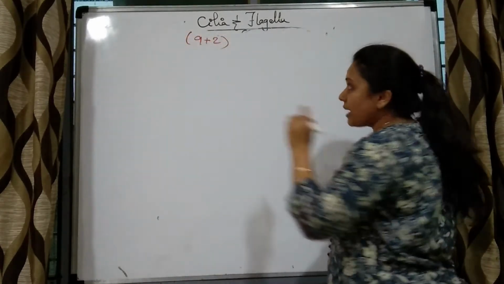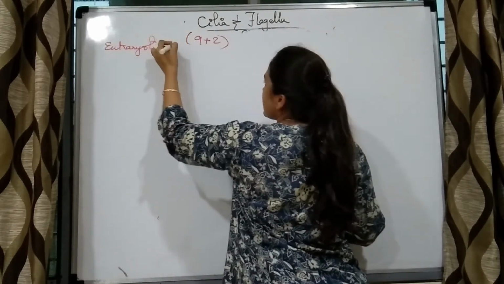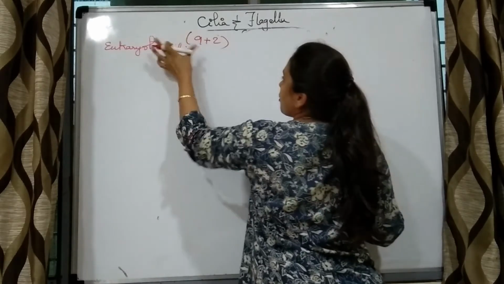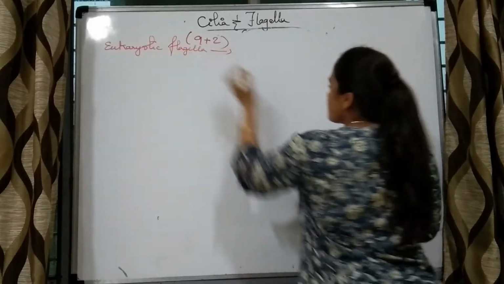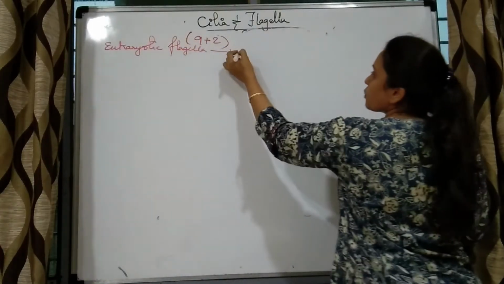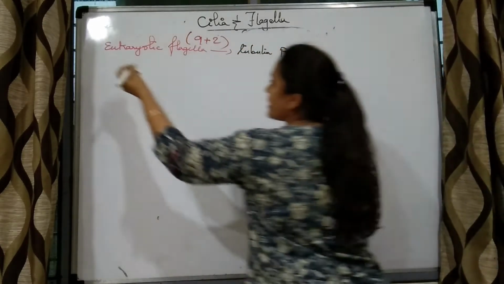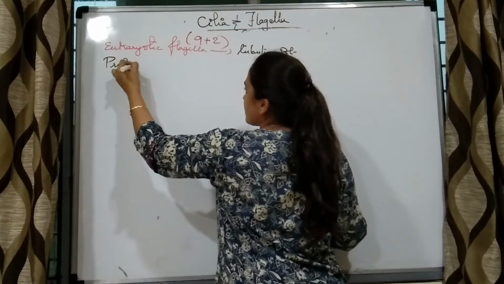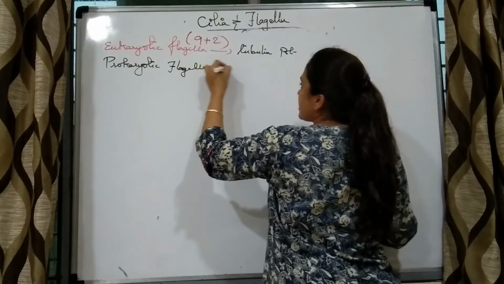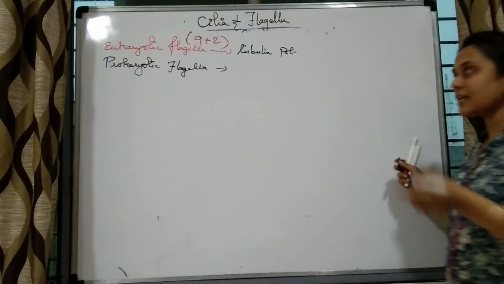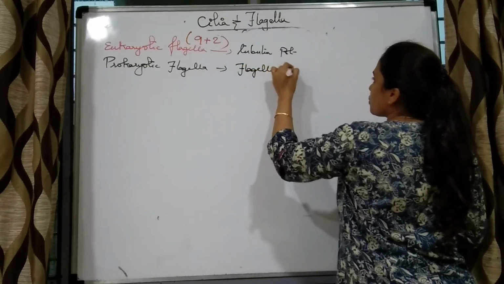Eukaryotic cilia, or more precisely flagella, are made up of tubulin protein, whereas the structure of prokaryotic flagella is different, and it is made up of flagellin protein.